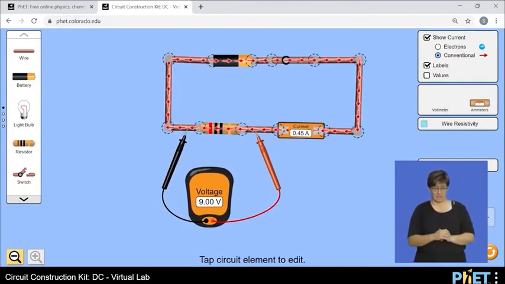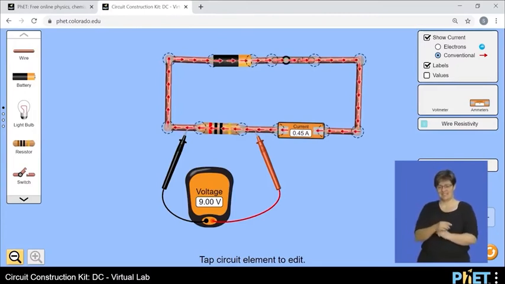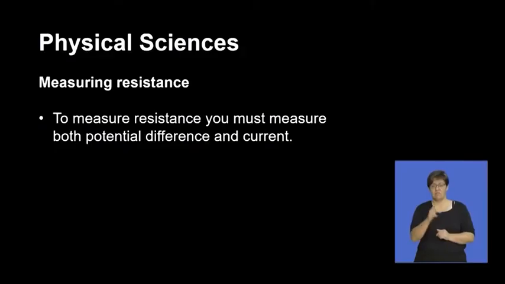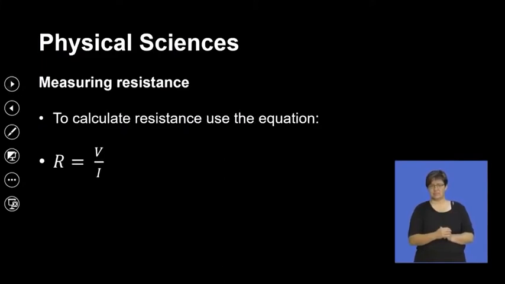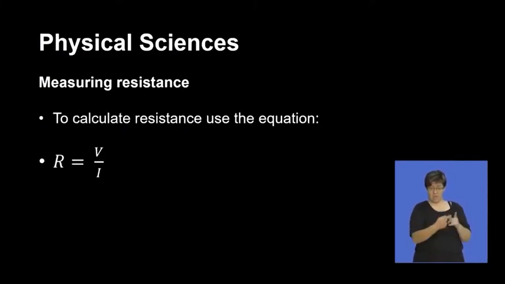Now, we are able to determine the resistance of this component by using, if we can quickly go back to our slides, we would understand that for us to calculate resistance, we need the magnitude of voltage, which is the potential difference across the resistor, as well as the current passing through it. By so doing, we are able to determine how many ohms of resistance a particular component offers in a circuit.